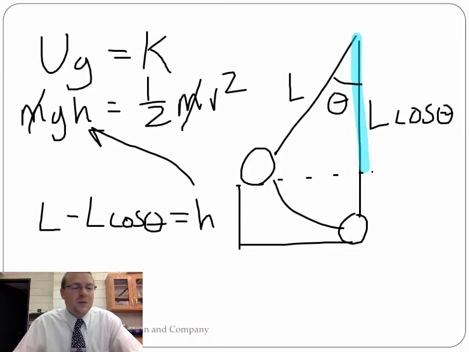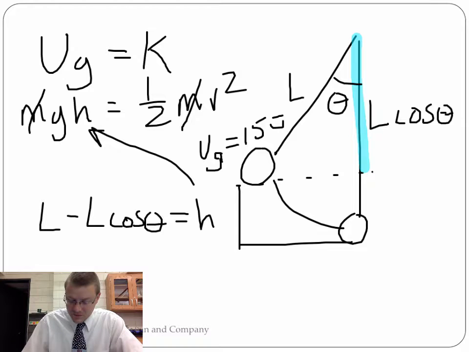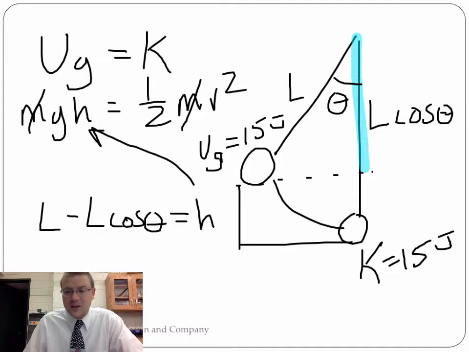Once you've got speeds and masses and gravities and heights and all that, you can calculate energies. And like we said before, the total energy of the system must stay the same. So if I've got gravitational energy totaling 15 joules at that moment, when I reach the bottom here and have kinetic energy, I know that this kinetic energy must add up to 15 joules just through conservation of energy.